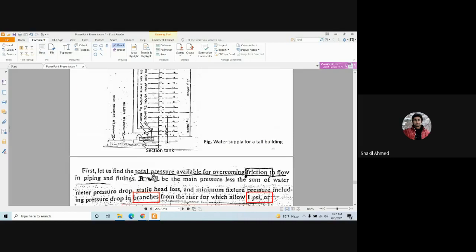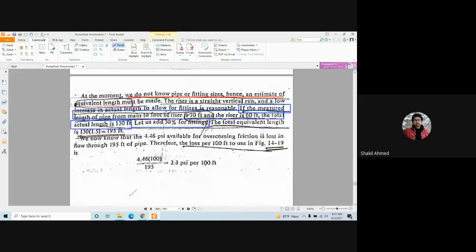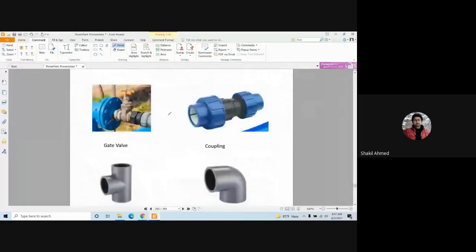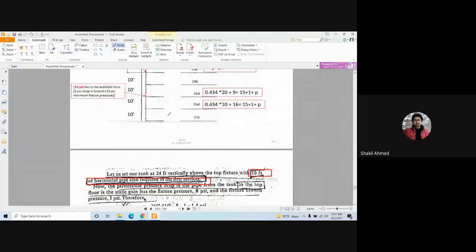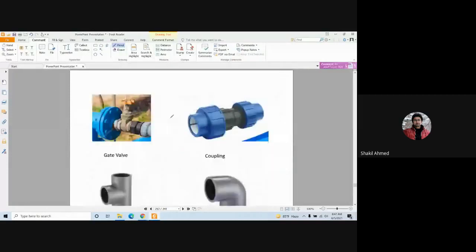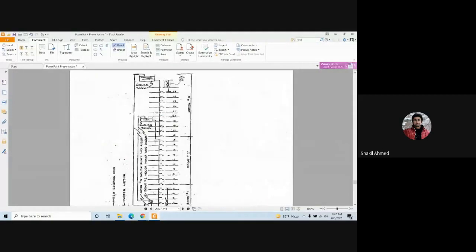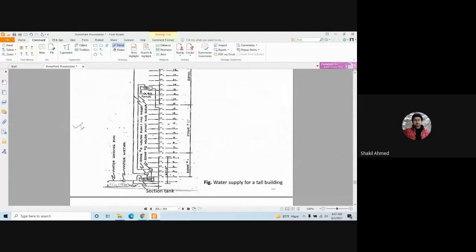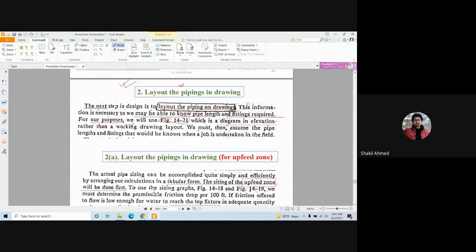We are referring to this figure. We must then assume the pipe length and fittings that will be known when a job is undertaken in the field.